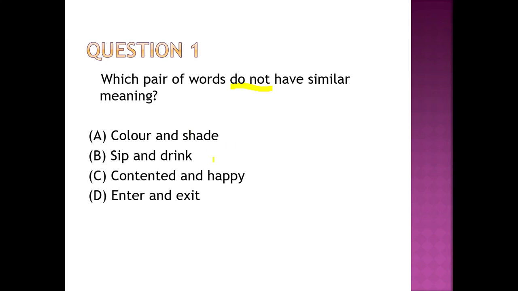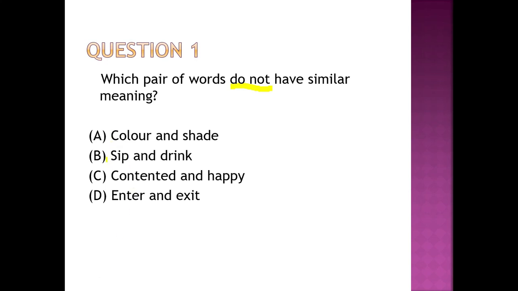So let us go through the pairs here. We have color and shade, we have sip and drink, we have contented and happy, and we have enter and exit. I'm sure everybody knows what colors are, so I will assume that most people will recognize that this pair of words is a pair of synonyms.